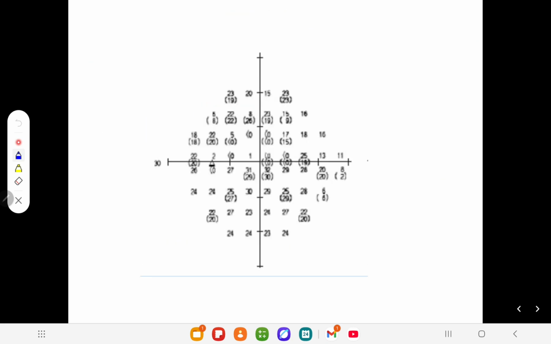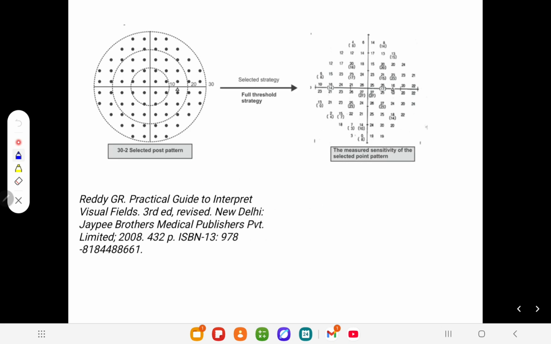So this is how you see things in raw data. Sometimes the bracketed values are there and sometimes not, and something like this is 0. Sometimes you see these 0s, which is a very low sensitivity area, and the retinal sensitivity is very good at 29 and 30. I have taken this picture from GRAD.